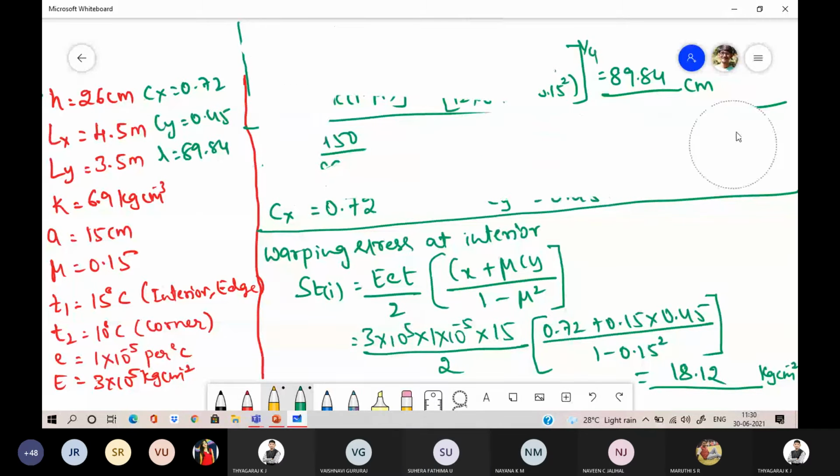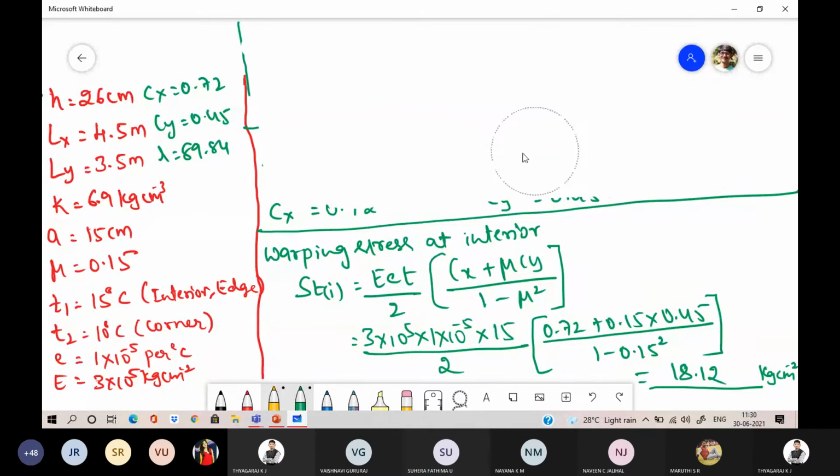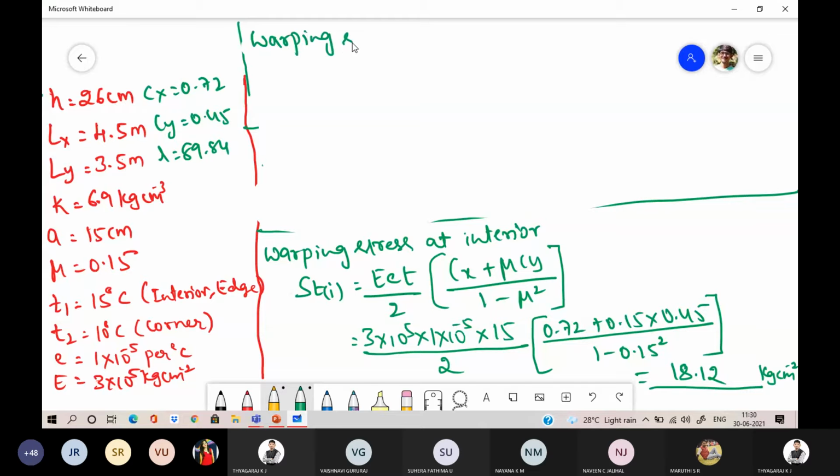Now calculate the warping stress at edge region. Warping stress at edge. So Cx is equal to 0.72, we have written already. So we will calculate STE equal to Cx E e T by 2.